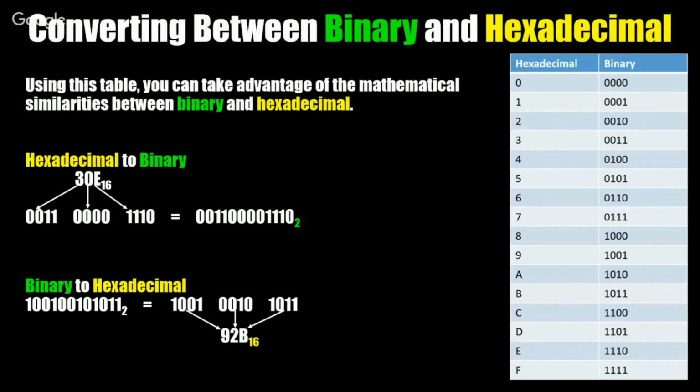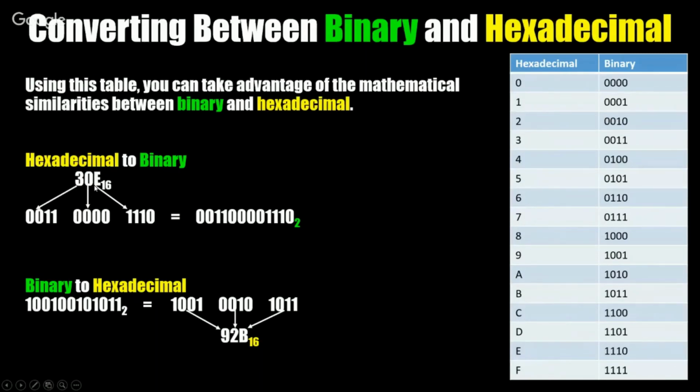To convert 30E to binary, we see that 3 in binary is 0011. So you just replace the hexadecimal 3 with the binary 0011. 0 is 0000, so you replace it with 4 zeros.